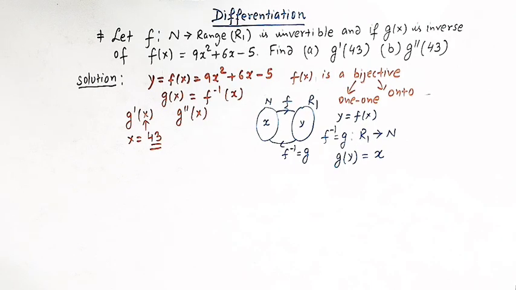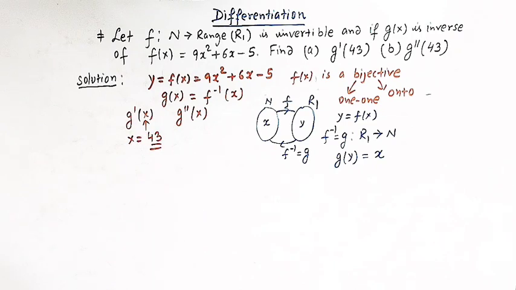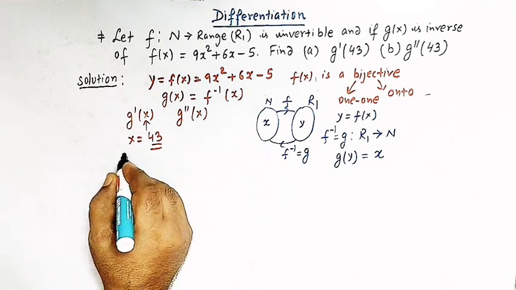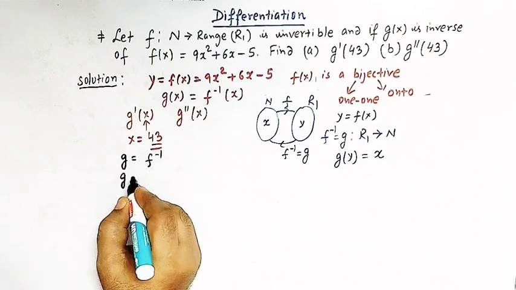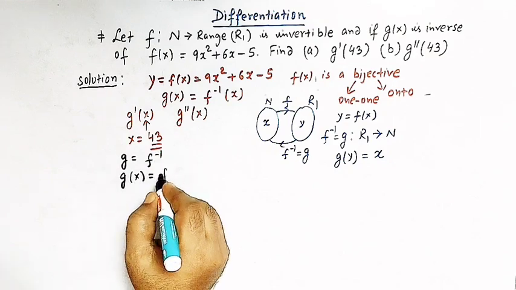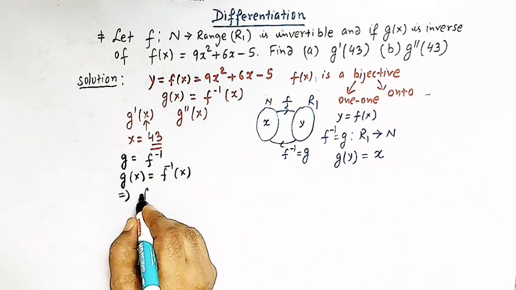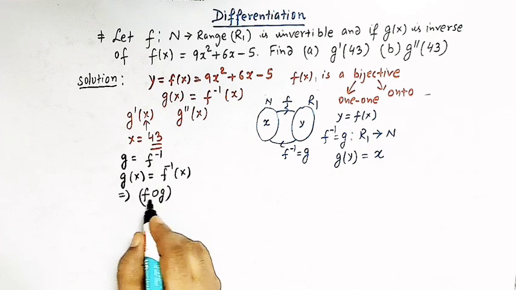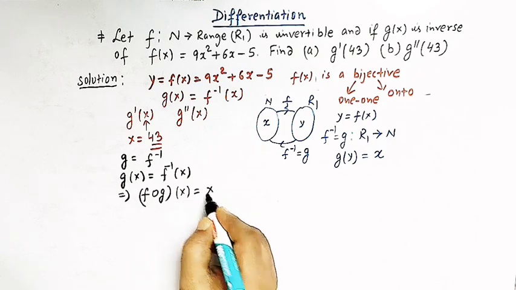So now let us derive an expression for g prime of x, that is the derivative of the inverse function. Let us start with this expression, that is g is equal to f inverse. So we can now write g of x is equal to f inverse of x, and this can be written as f o g, that is the composition of f and g, of x is equal to x.